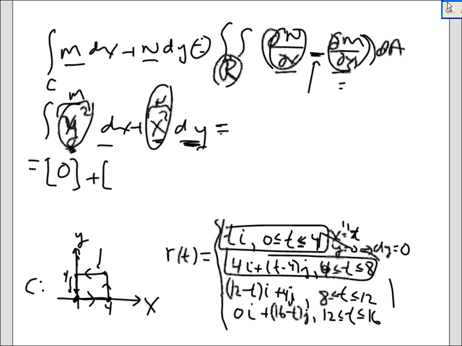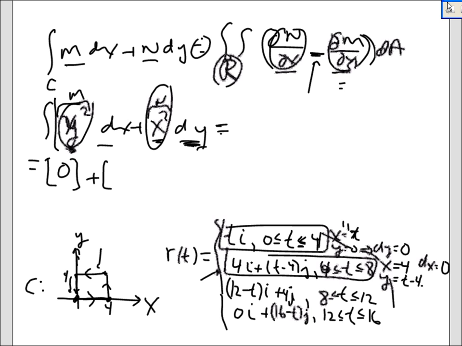Plus, what happens along the second path? You have that x is 4, and y is t minus 4. So if x is a constant, that means dx is 0.